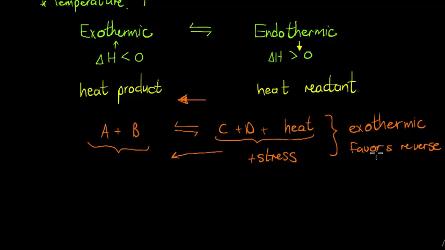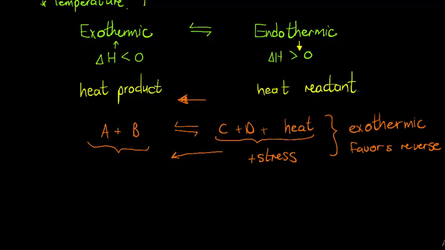The exothermic favors the reverse reaction, because exothermic means heat is a product, and if heat is a product, then by adding heat, we'll go in the opposite direction. We'll favor the creation of reactants.